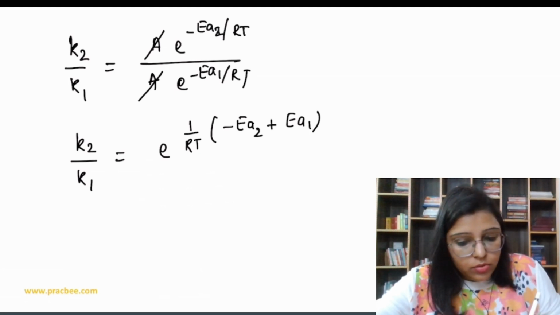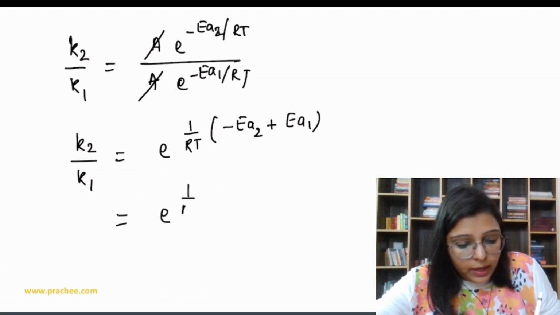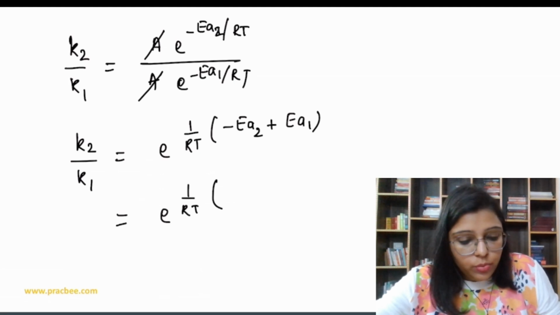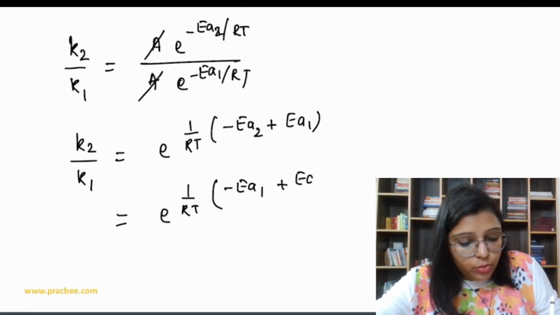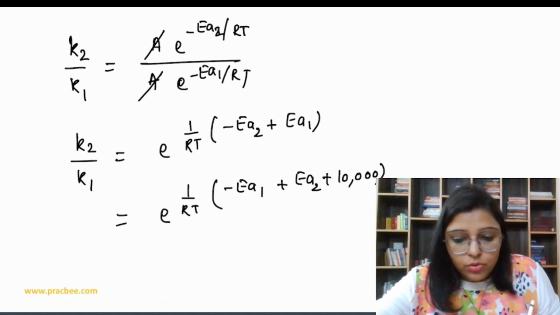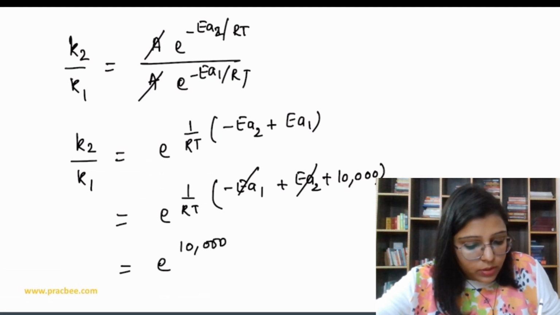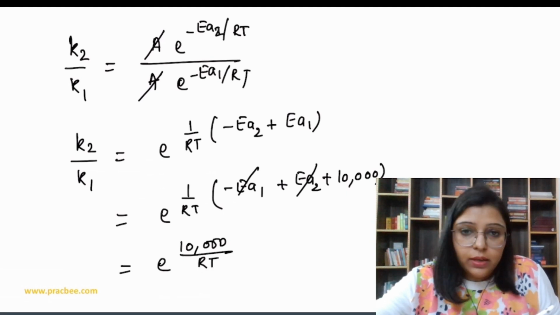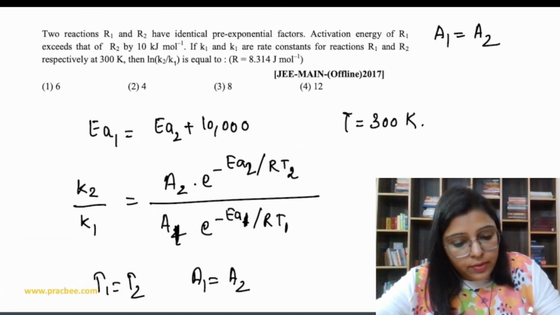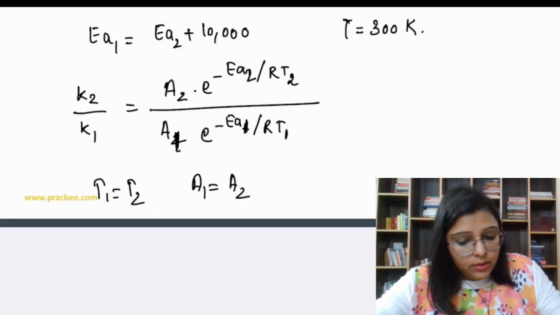Okay, so let's put in the value, 1 by RT times Ea2 minus Ea1, and Ea1 exceeds Ea2 by 10,000. So what do we get? We get e to the power 10,000 over RT. Now we have to find the value of ln K2 by K1.